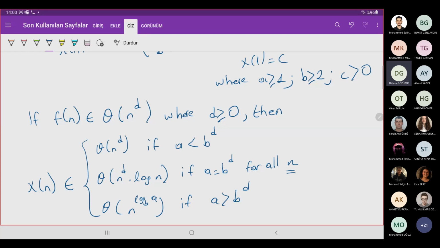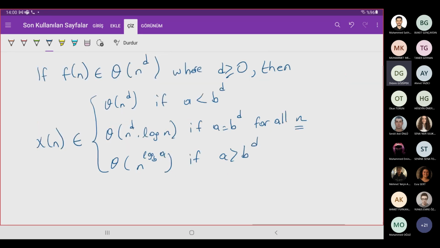So in fact it's a generalization of the previous analysis that we have already made, okay, let's write that also.